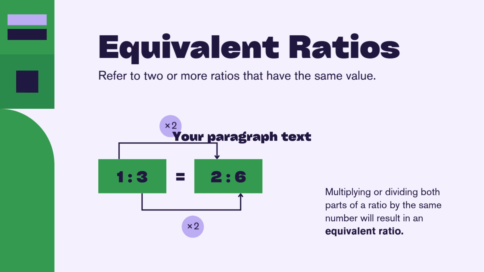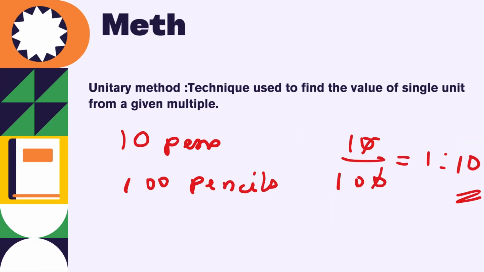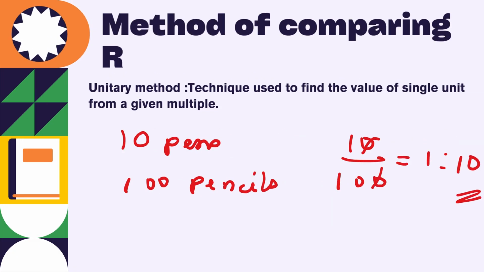So we will move to this part, and after that, we will move to the methods of comparing ratios. There are mainly two methods, the unitary method and the common multiple method. The unitary method is a technique used to find the value of a single unit from a given multiple.